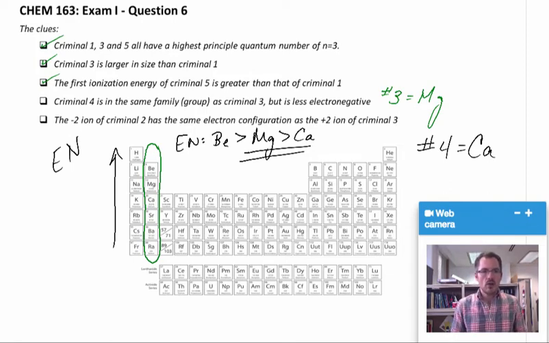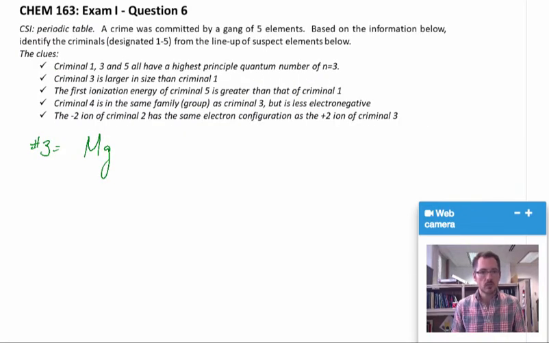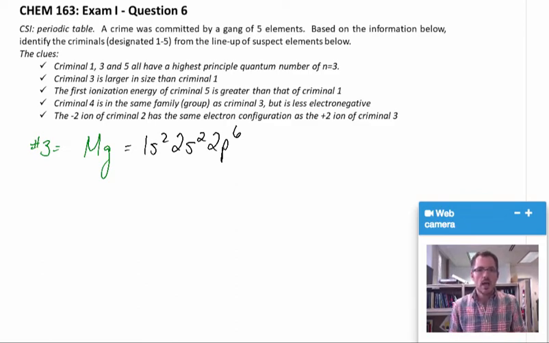So we have now eliminated 4 of our 5 clues, and the last thing we have to look at is the last one, which is not really a trend, but just how we deal with electron configurations. Since criminal number 3 is magnesium, I can write out its electron configuration: 1s2, 2s2, 2p6, and then 3s2, because remember, the highest principal quantum number is in the 3rd row, and it's located as the 2nd element in.